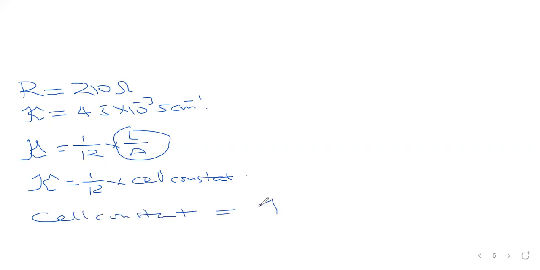Cell constant is kappa times R, which is 4.5 times 10 power negative 3 times R, which is 210.